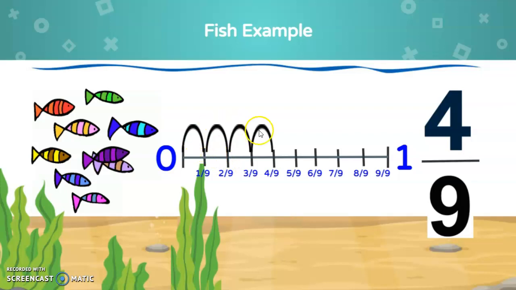So the 4 out of 9, this is our middle here, and the 4 out of 9 is just before that, because 4 is not quite over half, and 5 is a little bit over half. So our spot right here, 4/9, is just before the halfway mark.